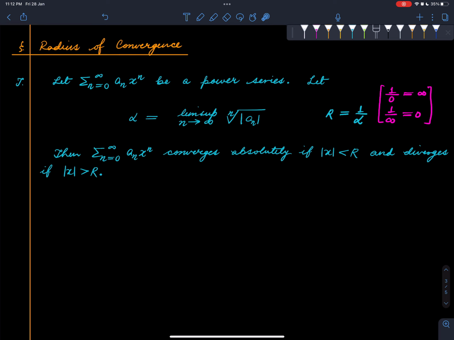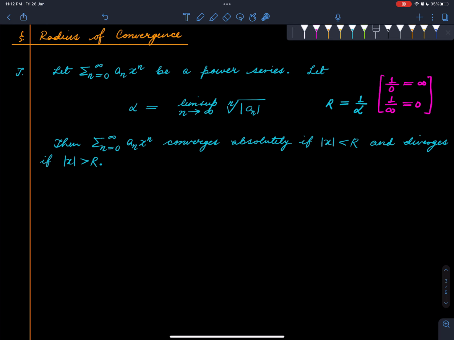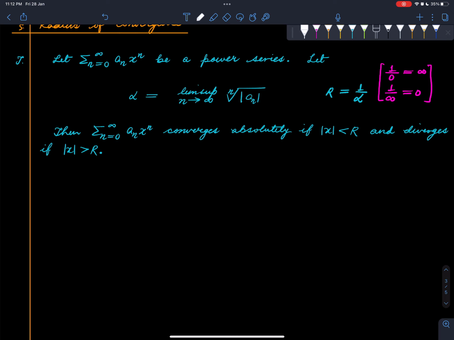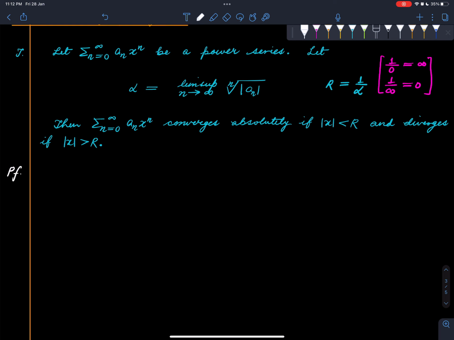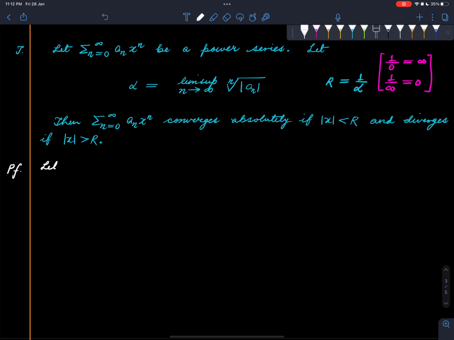Anyway, so how do we prove it? Well, we'll just hit it with the root test and it'll pop out. The proof is very, very simple. So fix a real number x. Let x be some real number, and define Bn as an x to the n for n greater than or equal to 0.